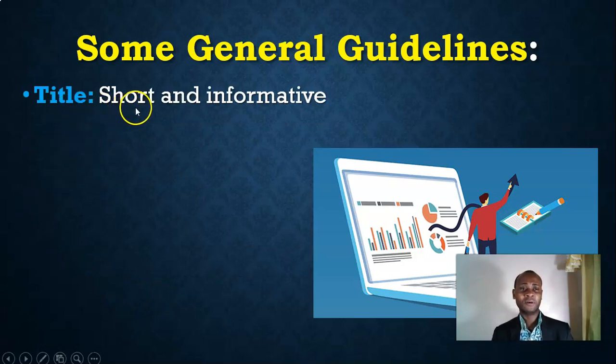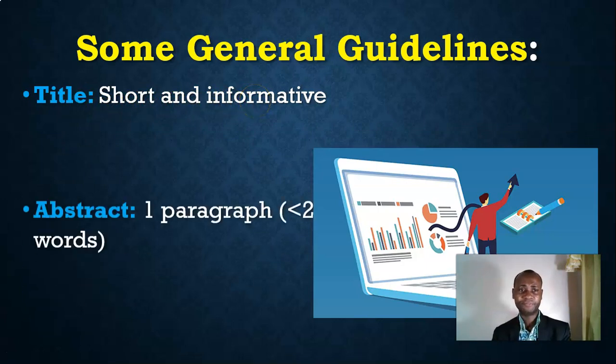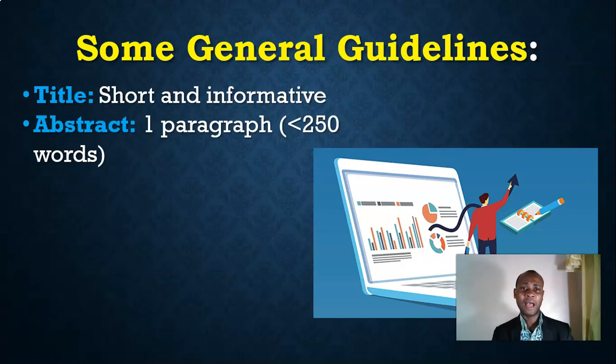Your title should be short and informative. Your abstract should just be one paragraph, but this is also dependent on the journal. I remember one journal we submitted a paper to way back in 2018, the Malaysian Journal of Instruction, something like that.